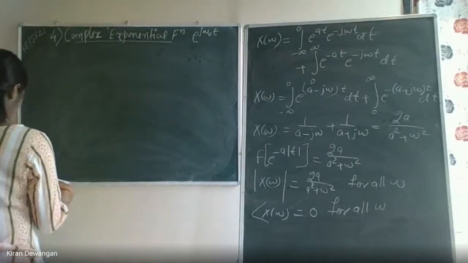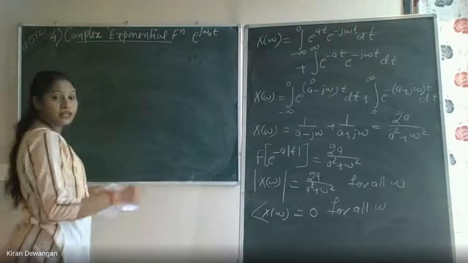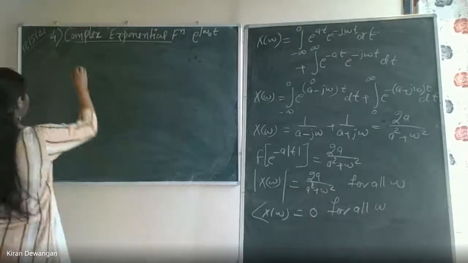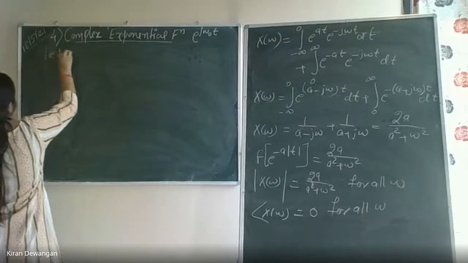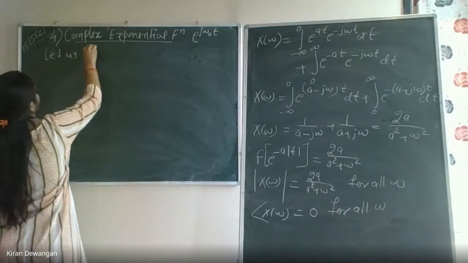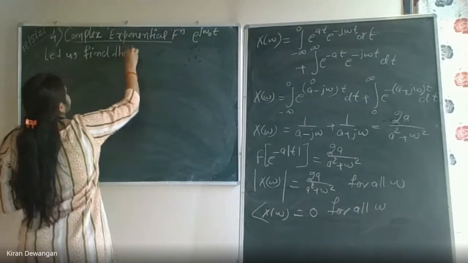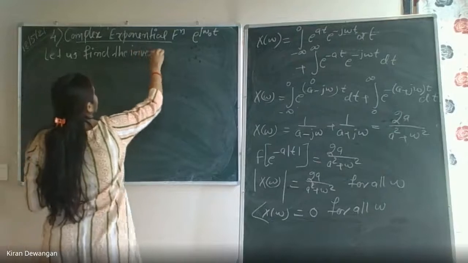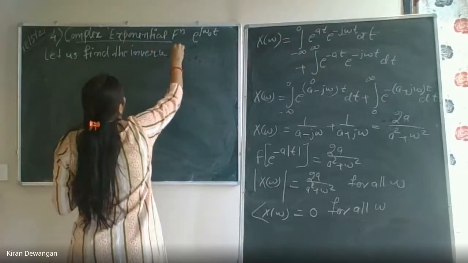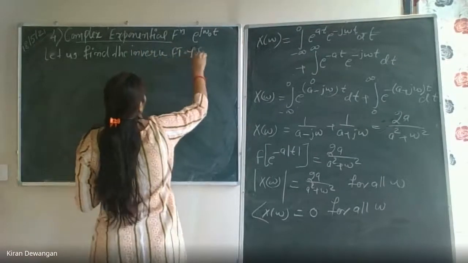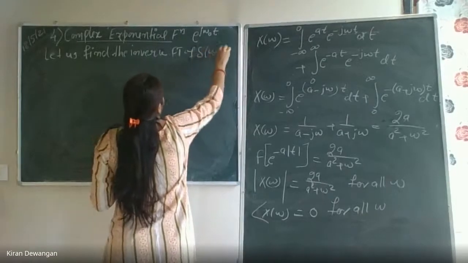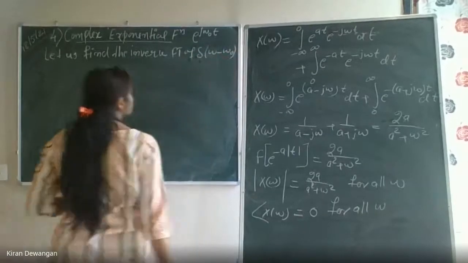So because of that, let us find the inverse Fourier transform of del omega minus omega naught.